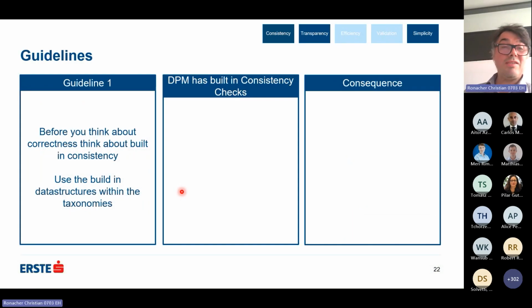In order to achieve this, you have to follow some guidelines, and I just put out 3 guidelines, and I hope I don't bore you too much, but I think that's important. So I told you already, before you think about correctness, think about built-in consistency, and the data point model provides a lot of consistency.